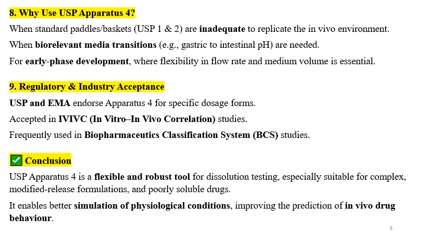It is also useful for early phase development where flexibility in flow rate and medium volume is essential. What is the regulatory and industry acceptance? USP and EMA endorse apparatus 4 for specific formulations and dosage forms. It is accepted in IVIVC studies and frequently used in biopharmaceutics classification system studies.